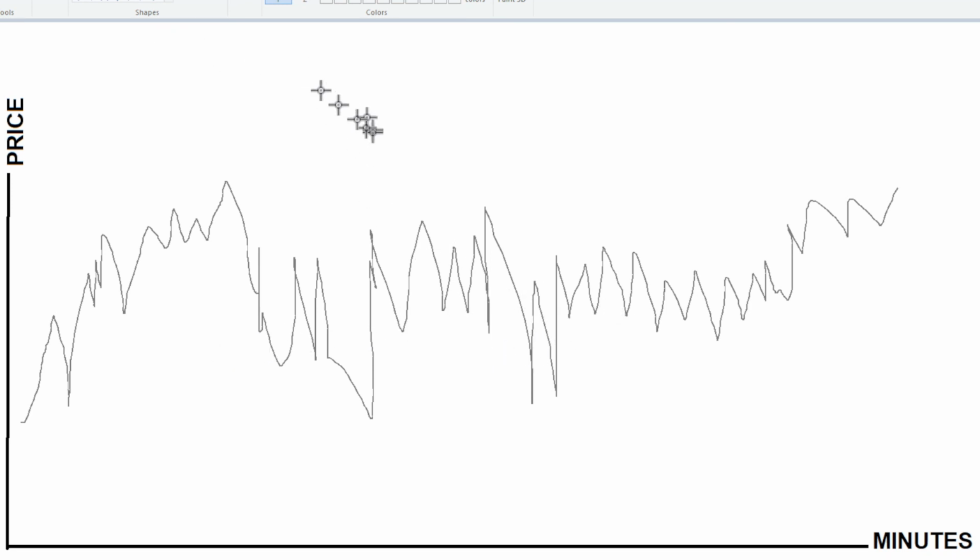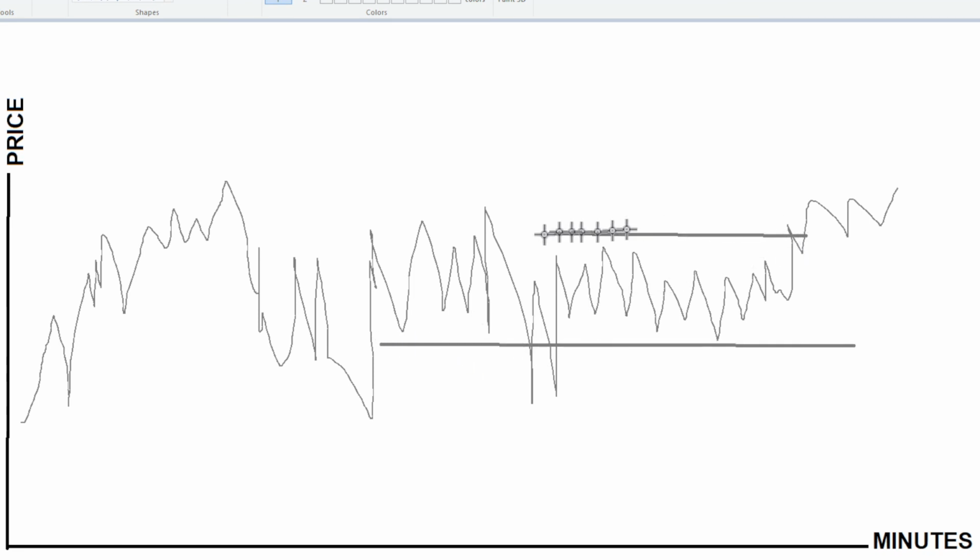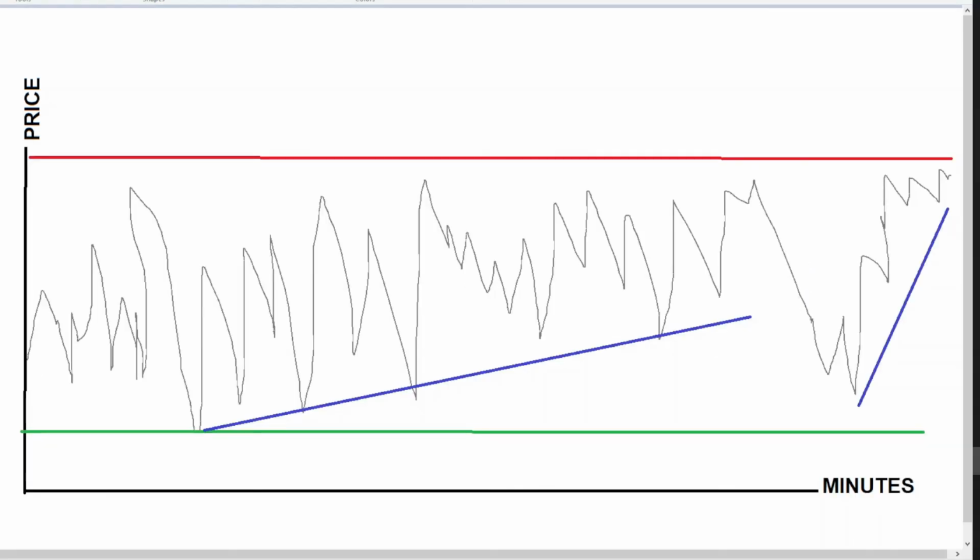Here's something that could be considered a sideways trend right here, where it doesn't seem to be trending one way or the other. So it went up, down a little bit, sideways for some time, then now it's trending up, but still kind of volatile. And let's talk about high frequency swing trading.